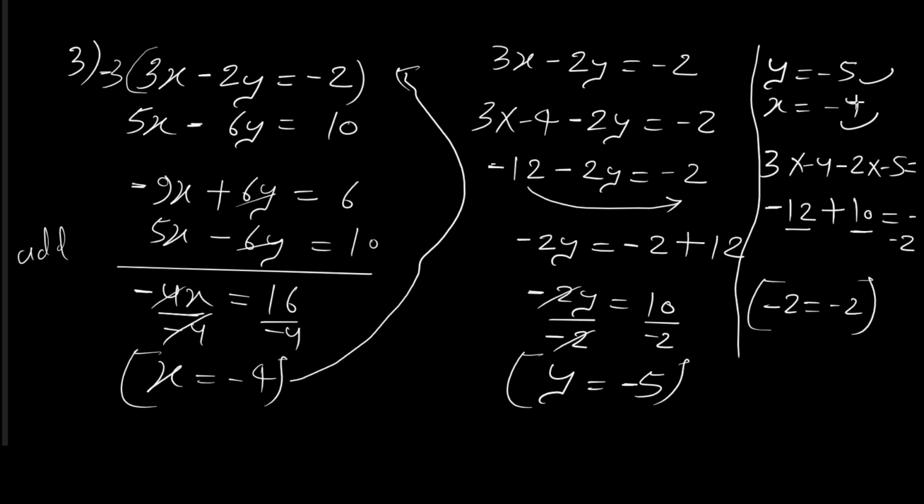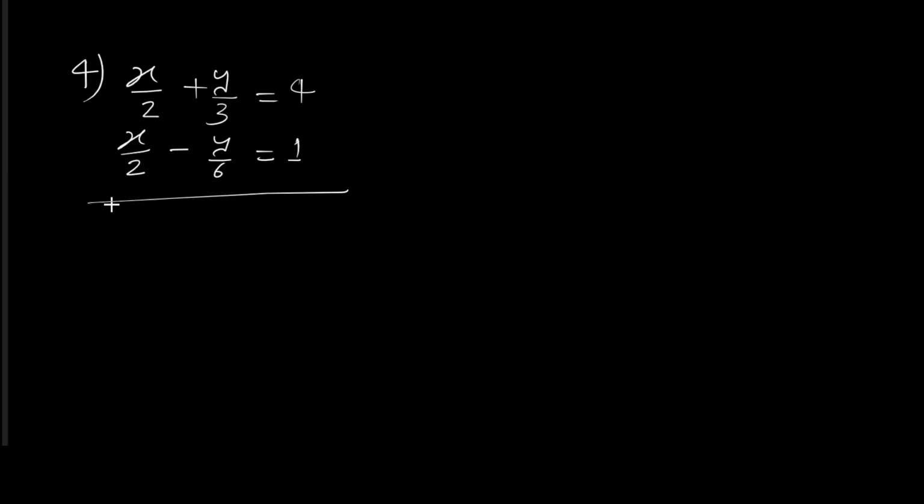So moving to our next problem, which is x over 2 plus y over 3 equals 4. So we have the same variable of x here, but the signs are not opposite. So I'm going to multiply the second equation by negative 1 so that it changes into negative.